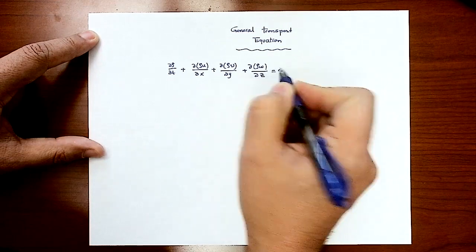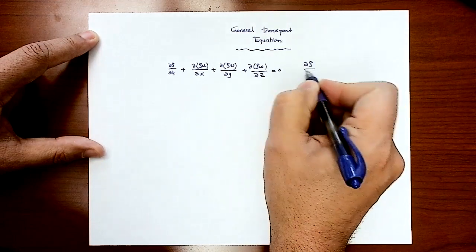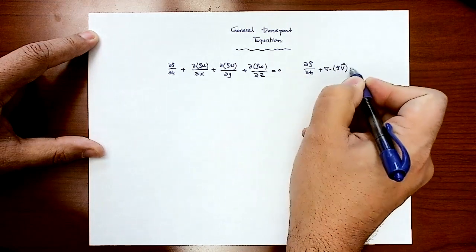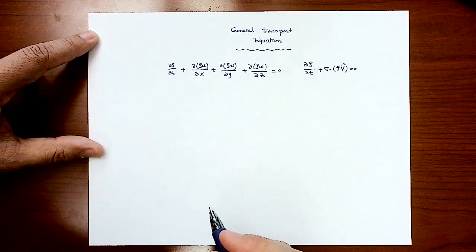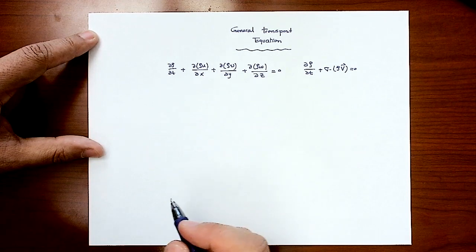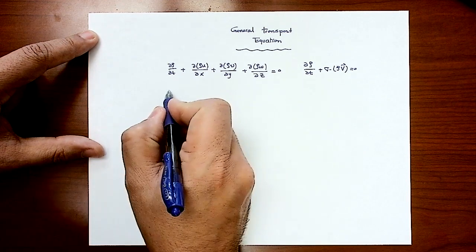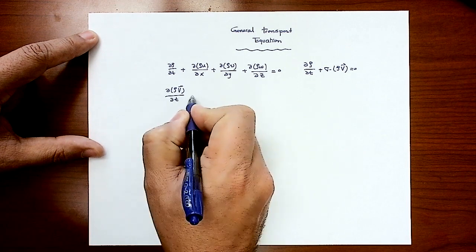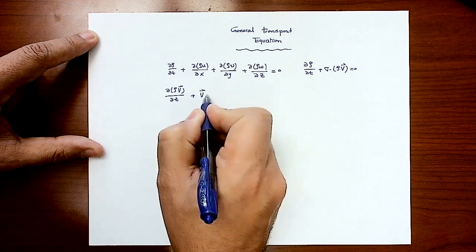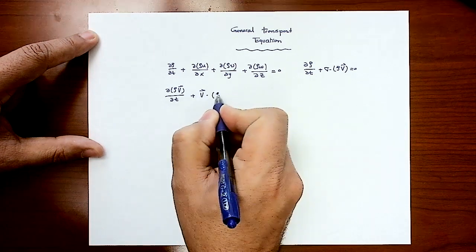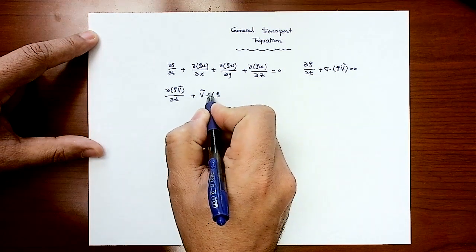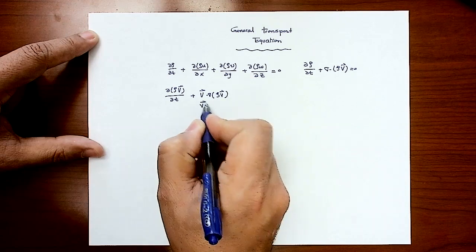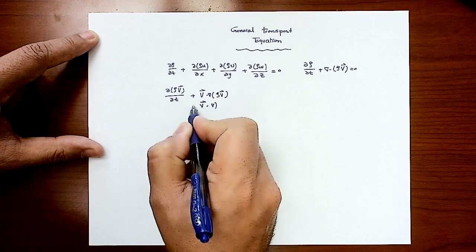Which can simply be written as partial rho by partial t plus nabla dot rho vector v equals 0. This is the continuity equation. And the general form of the momentum equation is partial rho vector v by partial time t plus v dot nabla rho v, or we can write it in the form of nabla dot rho v v.